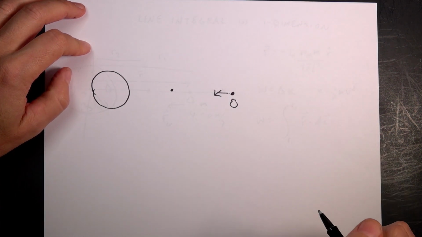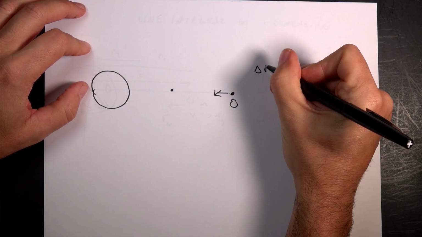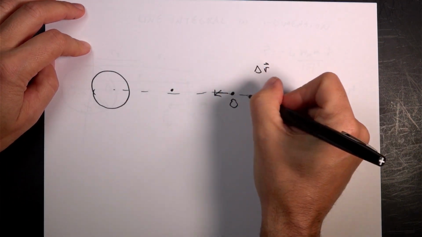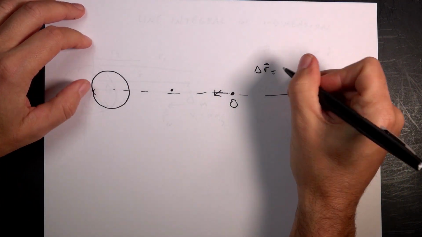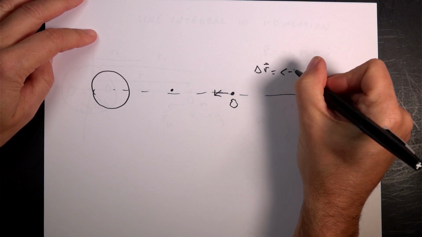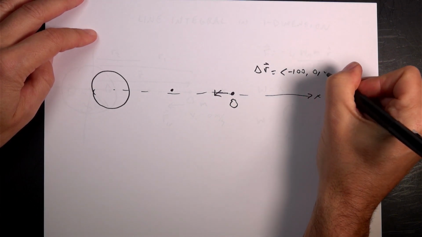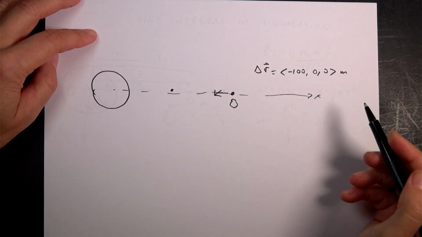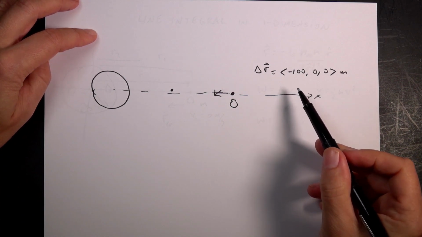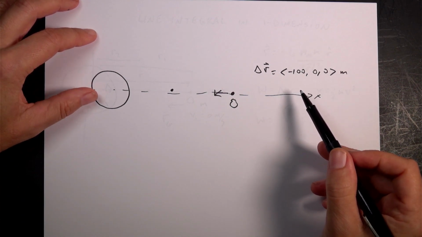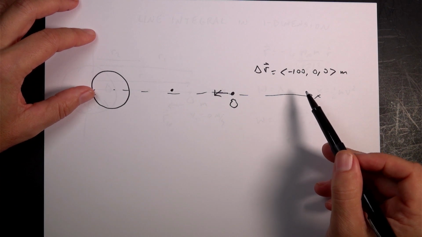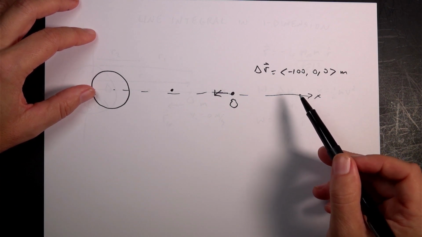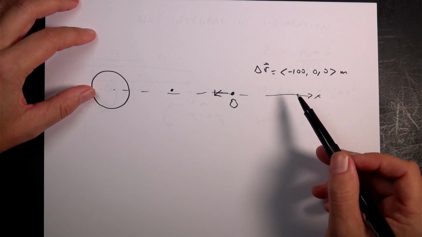Let's call that delta r, and let's call this the x-axis. Delta r is going to be the vector negative 100 meters, 0, 0 meters. It's going to move that far in the x direction. That's my displacement. The problem here is that I can't take the dot product and be done with it because the force changes.